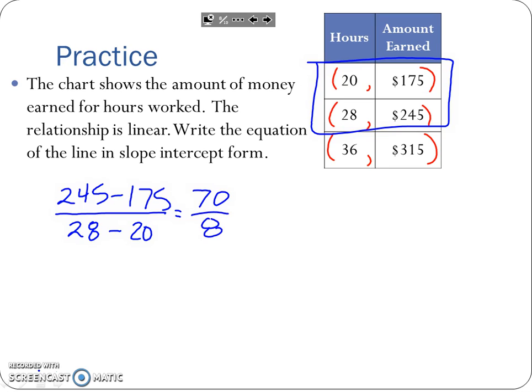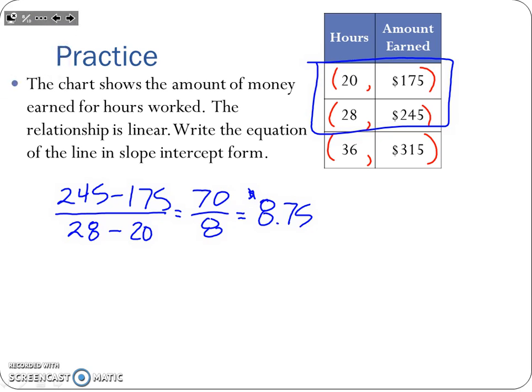I don't think 70 is right. Hold on a sec. Checked with the calculator. I was correct. It is 70. Should have trusted myself. So I'm going to take my 70 divided by 8. When I do that, that gives me 8.75. We're talking about money here, so basically they're getting paid $8.75 an hour.